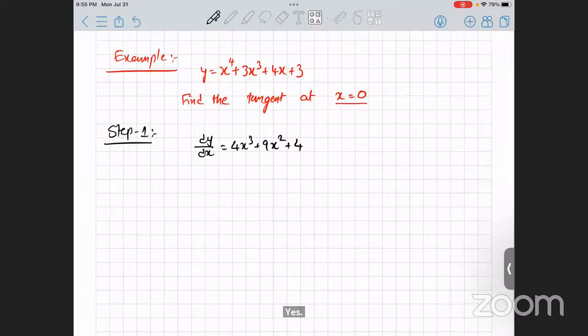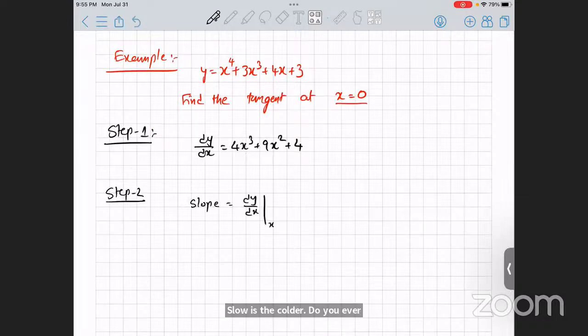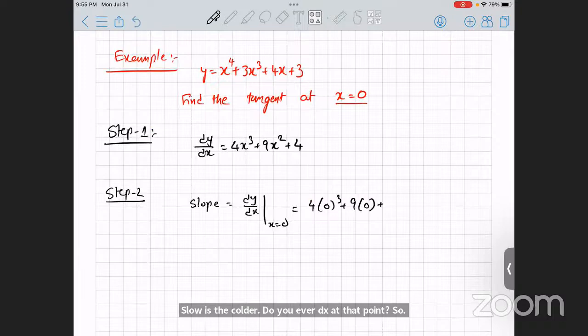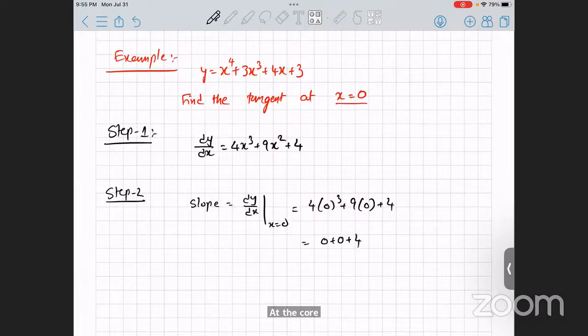I'm solving now, don't worry. Now step 2. Slope is equal to dy by dx at that point, x equal to 0. Substitute: 4 into 0 cube plus 9 into 0 plus 4. That equals 0 plus 0 plus 4. Slope equals 4.